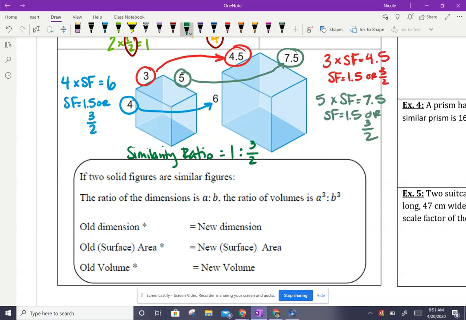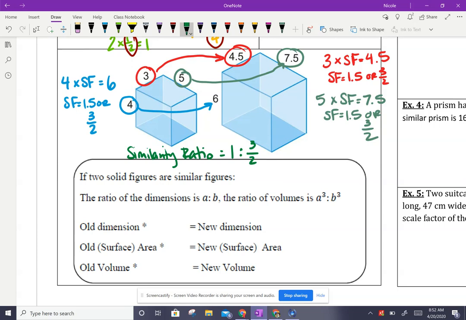Now we have to take into account, how do we do scale factor with volume? Well, if you remember when we did scale factor for surface area, for area in general, we have to think about how we are handling those dimensions. What's happening to the units when we are giving our final answers?